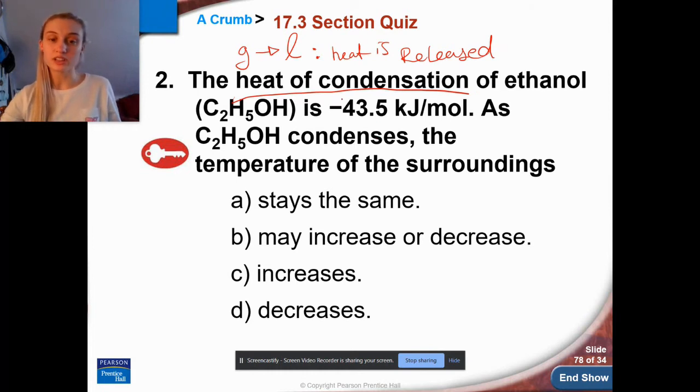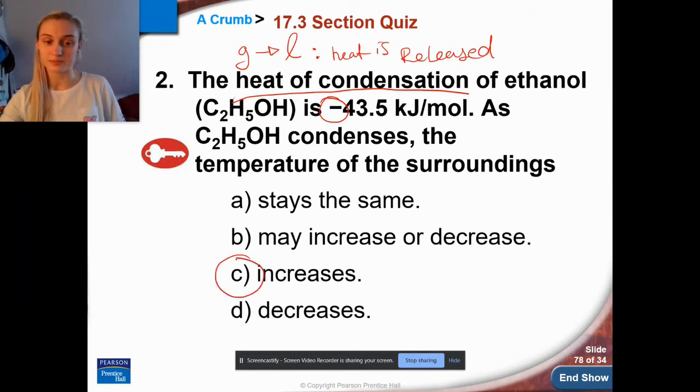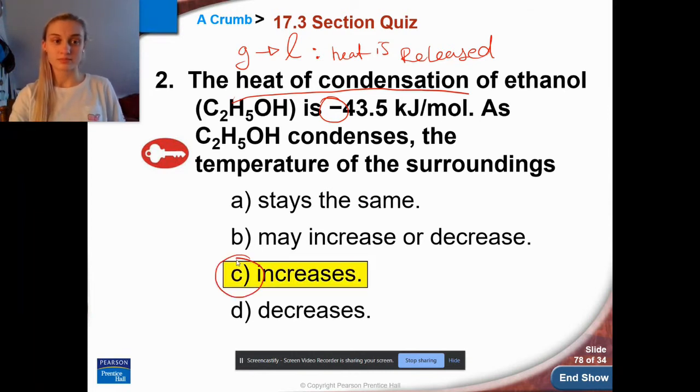And so if heat's released, that means the delta H is going to be negative. Remember that from that lecture before we went on break. So if delta H is negative, that means heat is going to be released into the atmosphere, into the surroundings. And so if heat is released to the surroundings, that means the temperature of the surroundings is gaining heat, and thus it will increase in temperature. There we go.